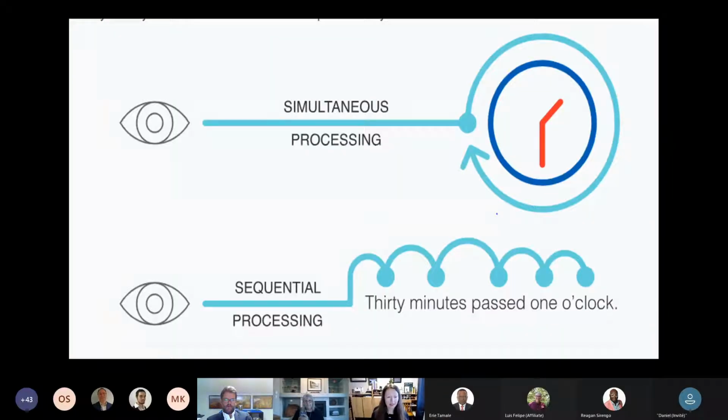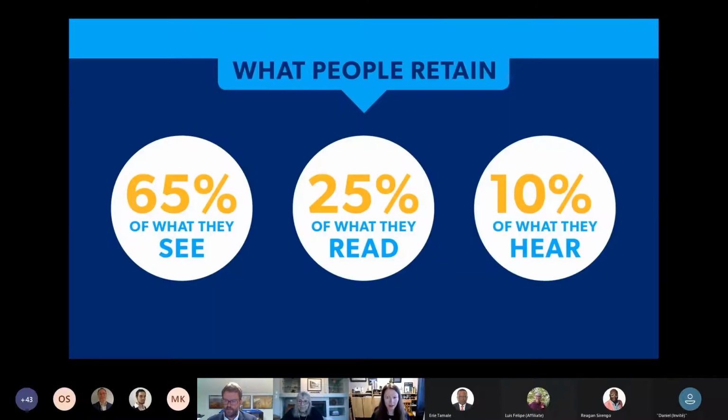And this is because our visual processing systems are incredibly powerful. We know from perception and cognition science that the majority of the sensory information processed by our brains is visual. Visual information can also be more memorable.